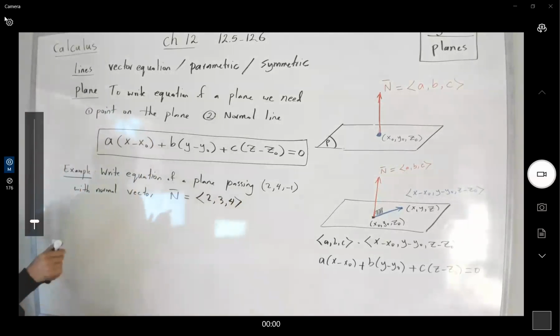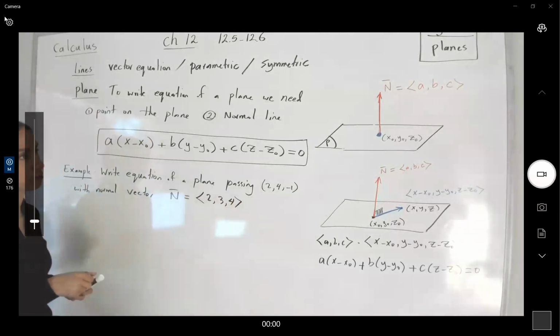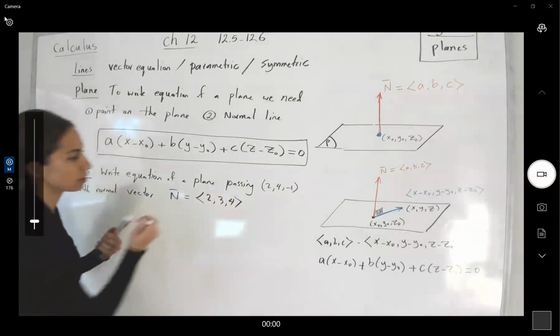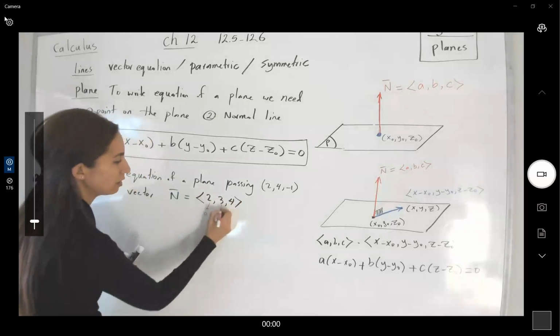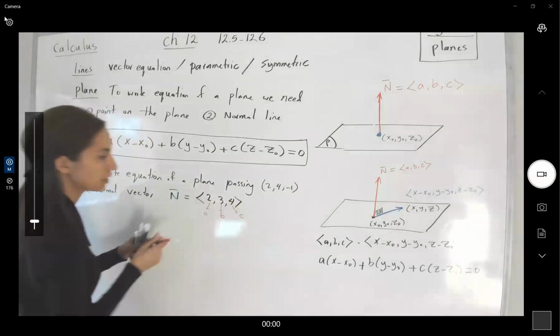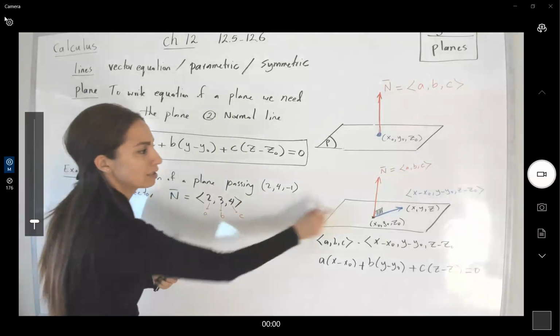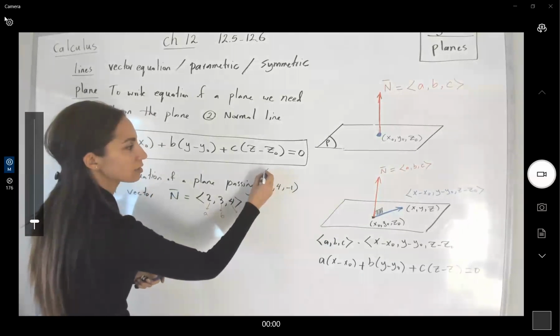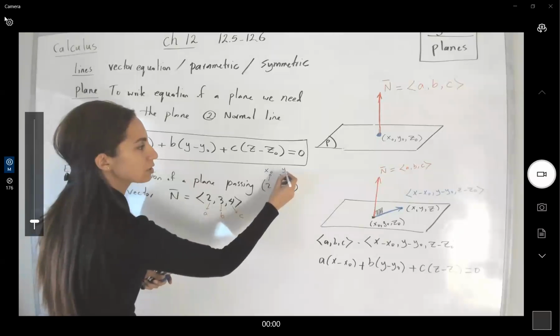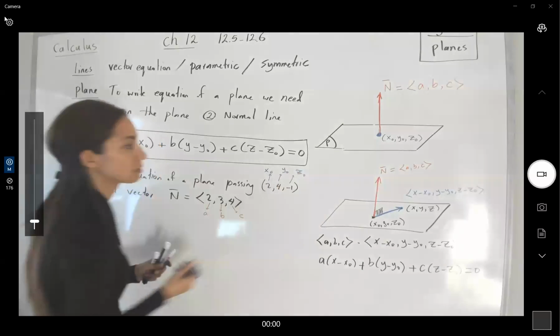Okay, we have all the information that we need. We have our normal vector, it means that we have our a, b, and c. And we also have our point on the plane. So this is our x sub 0, y sub 0, and z sub 0.